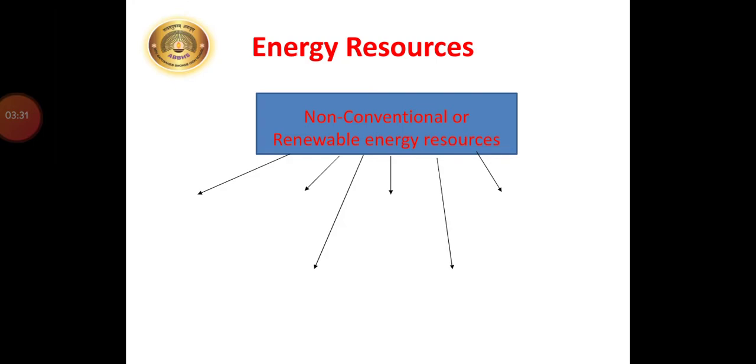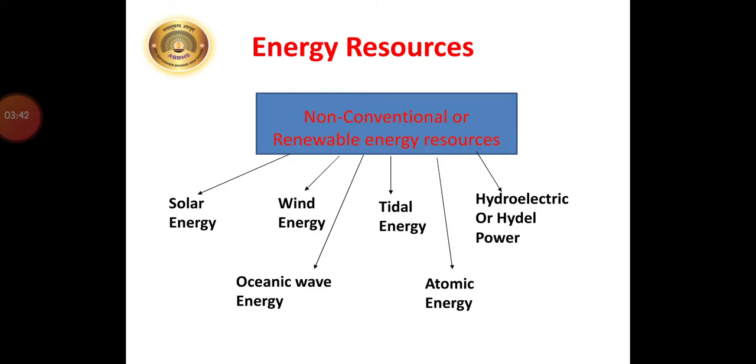So these energy resources which are non-conventional, which means renewable energy resources, are solar energy, wind energy, tidal energy, hydroelectric or tidal power, oceanic wave and atomic energy. Let's learn one by one.